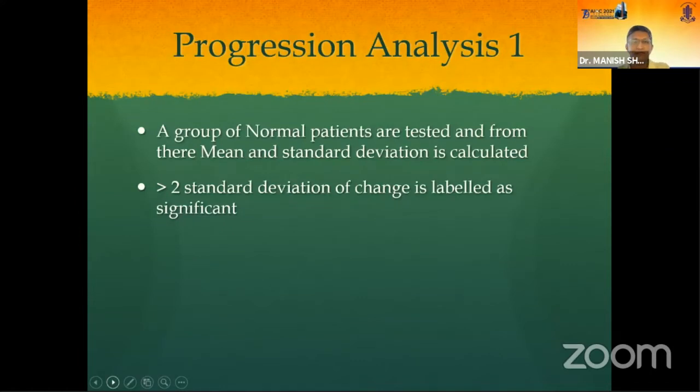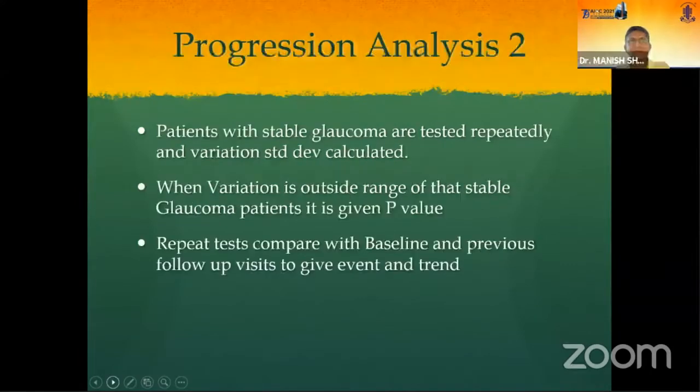For many years, all perimeters used to do exactly this only. But then they have gone further and they have seen patients who have glaucoma which is stable, tested them repeatedly, and calculated the variation and standard deviation of those patients at various points.